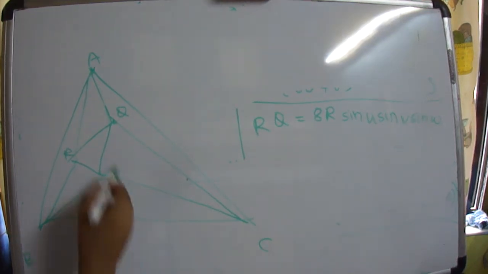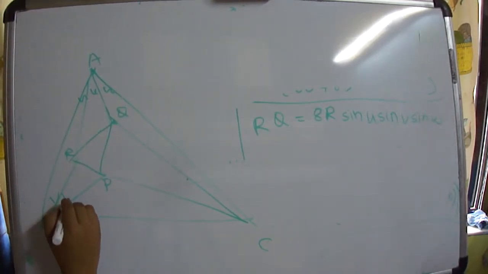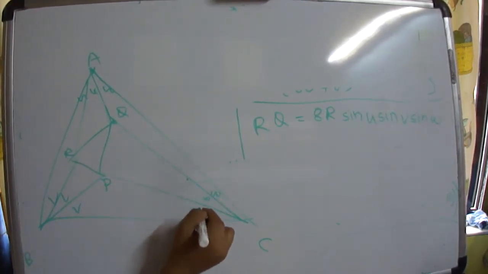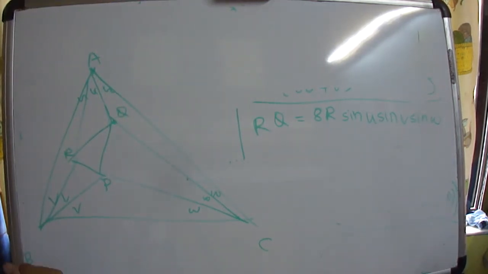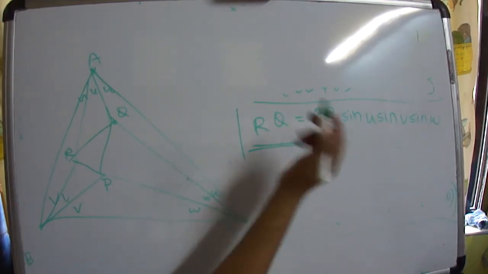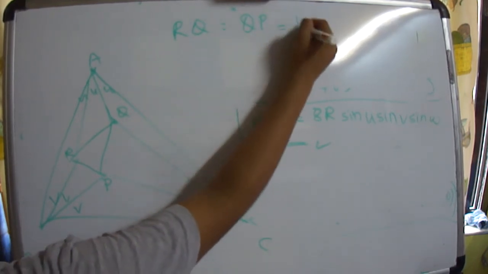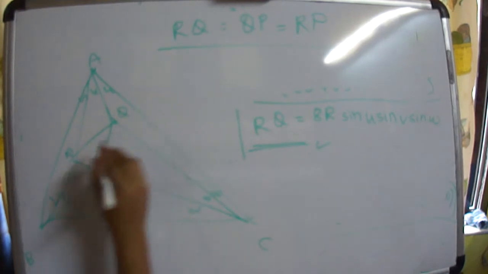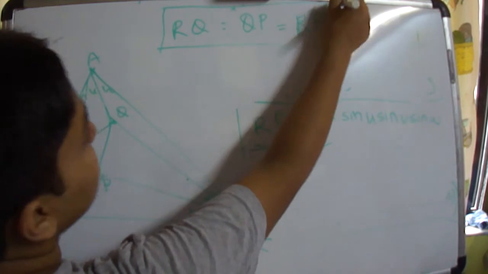Now if we try and calculate QP, we will use the same angles U, V, W. We can just say that we have calculated RQ by just tilting the triangle this way, and as the expression for RQ is symmetric in UVW, no matter how these take their values and interchange them, this will remain the same. Therefore we can say that RQ is equal to QP is equal to RP. Thus triangle PQR is equilateral. We have proved Morley's theorem.